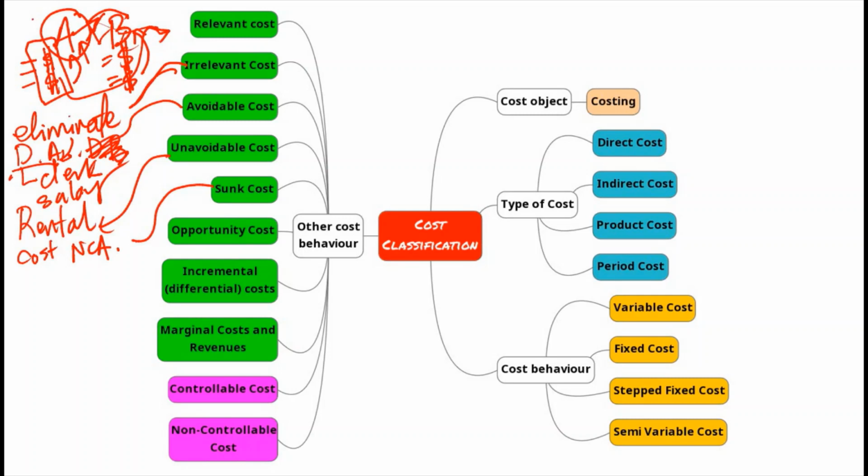And opportunity cost is the cost that measures the opportunity that is lost or sacrificed when the choice of one course of action requires an alternative course of action to be given up.